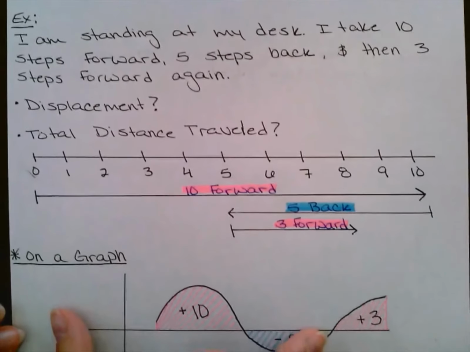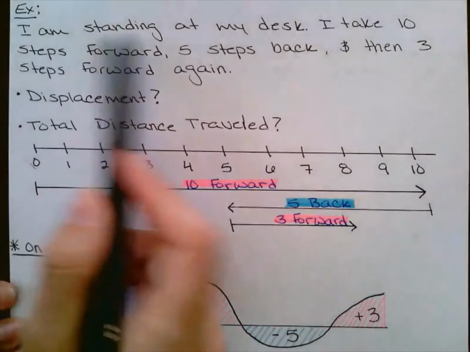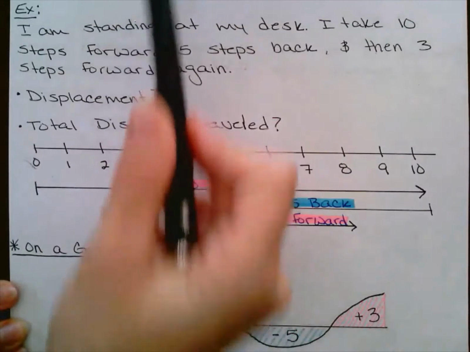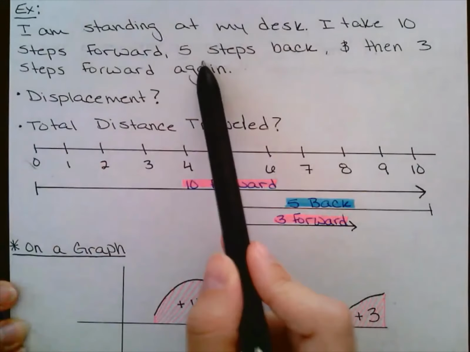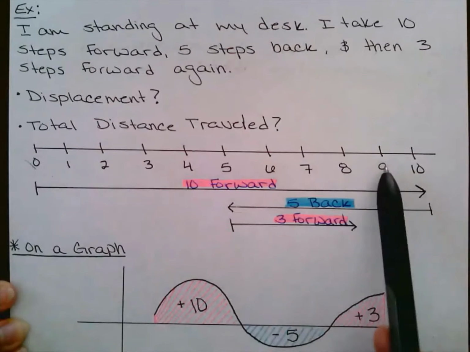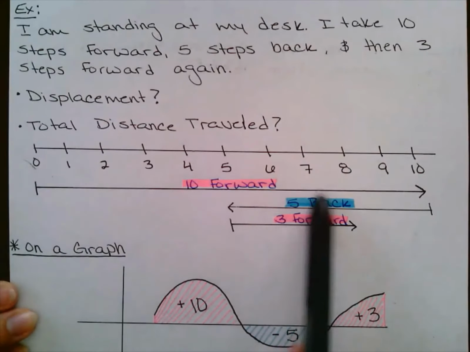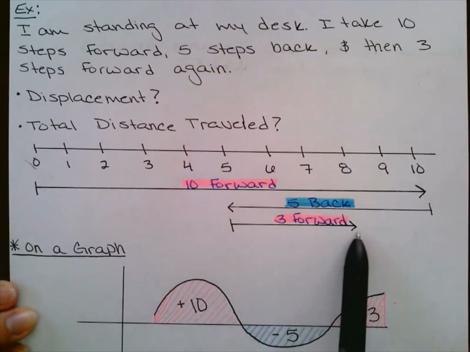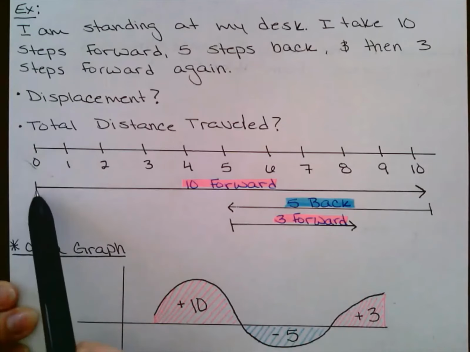Let's see if this starts to make a little more sense down here. Pretend I'm standing at my desk, okay? Let's say I take 10 steps forward, that's like the positive direction, 5 steps back, and then 3 steps forward again. So I drew you here a number line. I took 10 steps forward, 5 steps back, and 3 steps forward. Let's say my desk is right here.